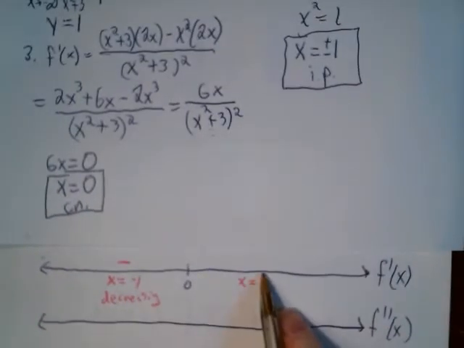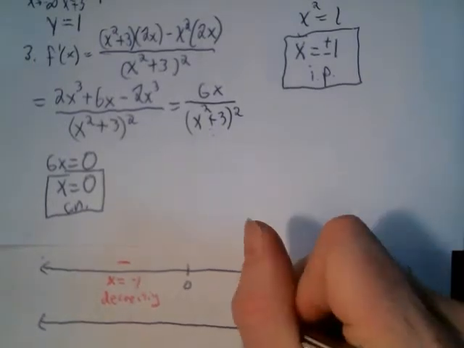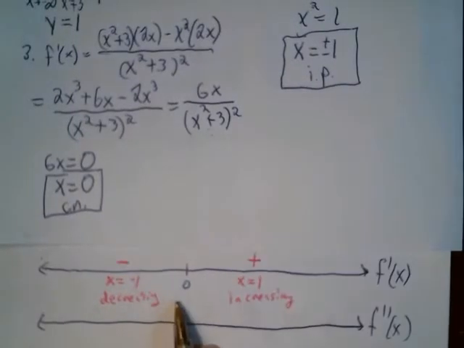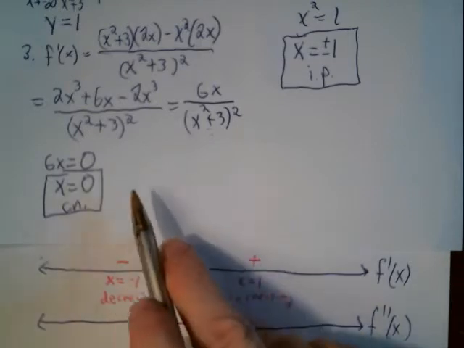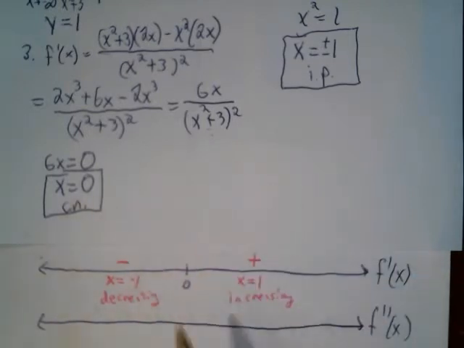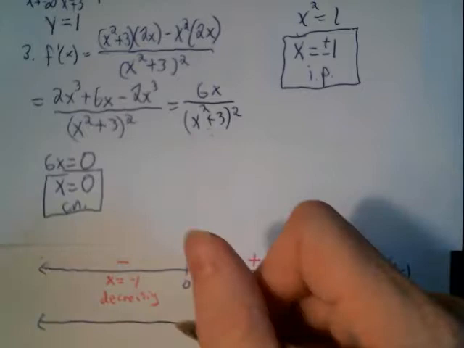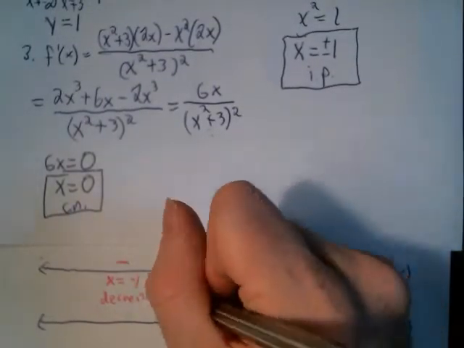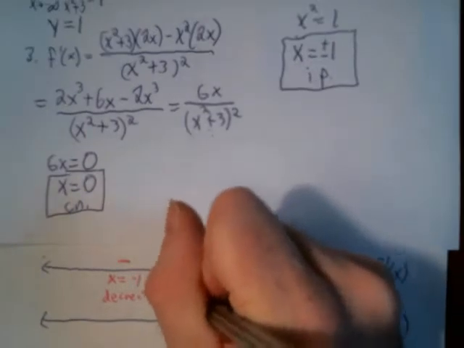In this interval, you plug in 1, 6 times +1 is positive. So you're going to be increasing in this interval. And then at 0, of course, because it's going down and then up, you're going to have a relative min at 0. Okay, so you can note that here if you wish, relative min.